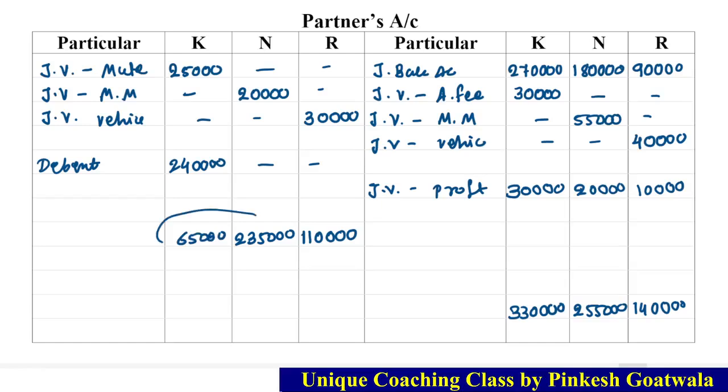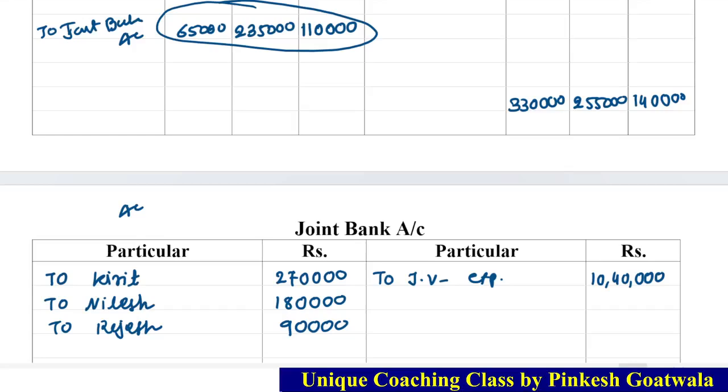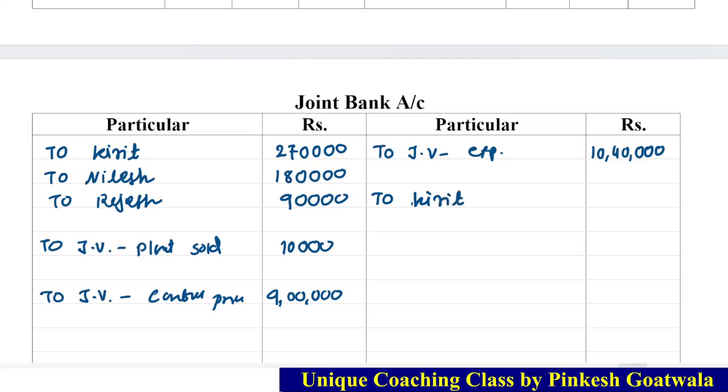So all these differences are transferred to the joint bank account. 65, 235, 110 to Kirit, to Nilesh and to Rajesh. Okay, amounts 65, 235 and 110.